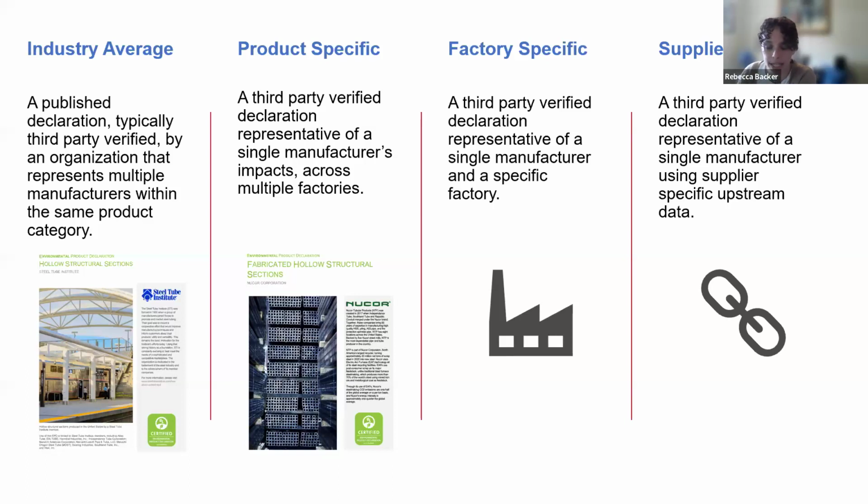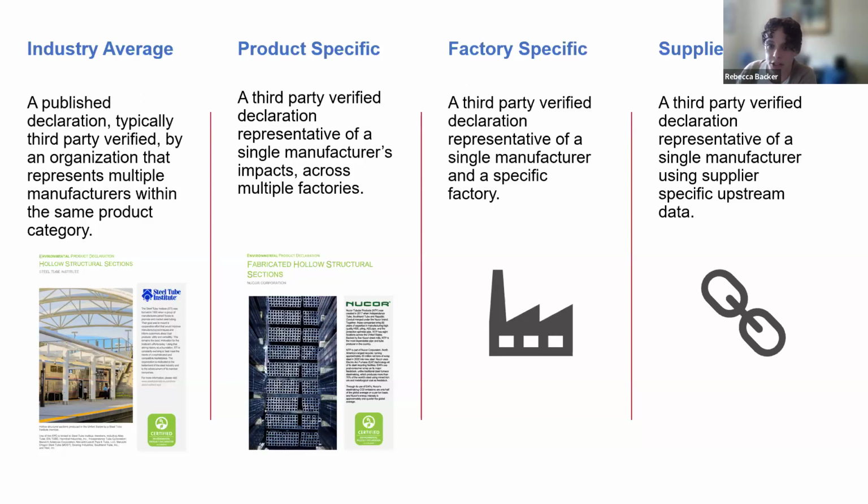With regards to specificity, the most generalized will be your industry average EPD, and then it goes down from there all the way through to supplier specific. An industry average EPD essentially quantifies the environmental impacts of an overall product or product category using data that's typically gathered from multiple manufacturers.